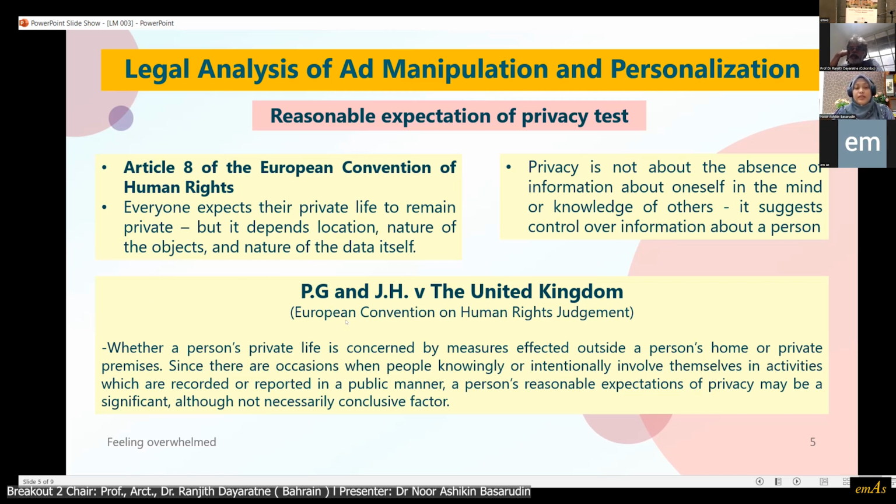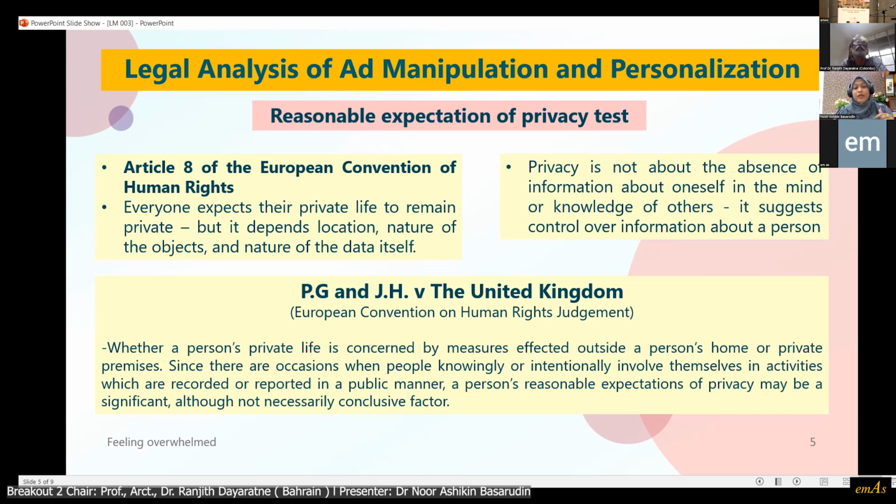In the case of PG and JH v the United Kingdom, they argued about privacy where their phone communication was intercepted, while they were discussing an armed robbery.